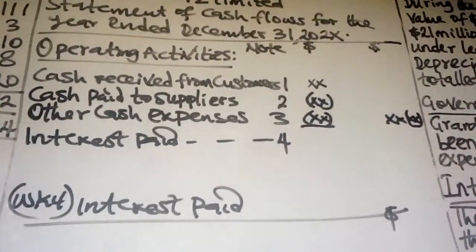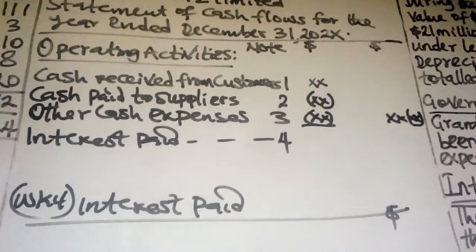Then, you might have interest payable in the statement of financial position under current liabilities, and you may be given by way of note, because it might have been included in other items, and you will now be told in the note that this payable includes interest payable of this amount.